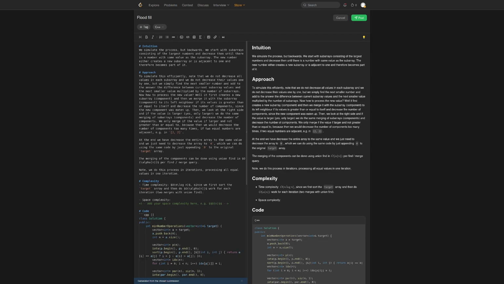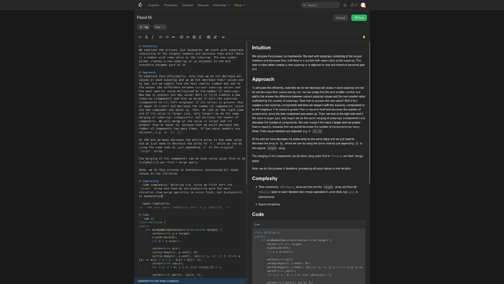Since we first sort the target array, then do work for each iteration, two merge operations in union find, but alpha n is asymptotic.